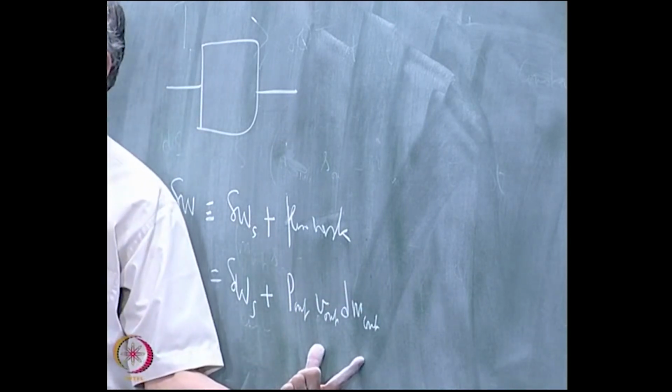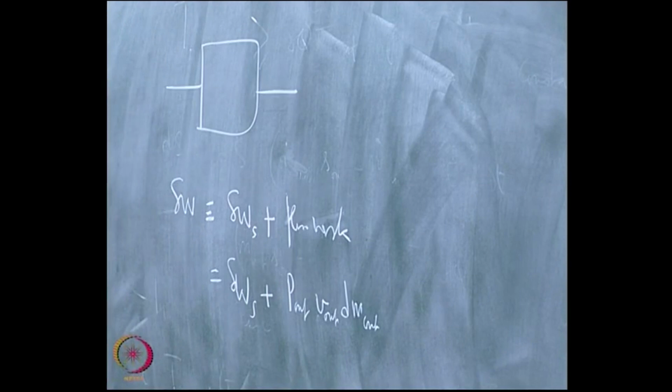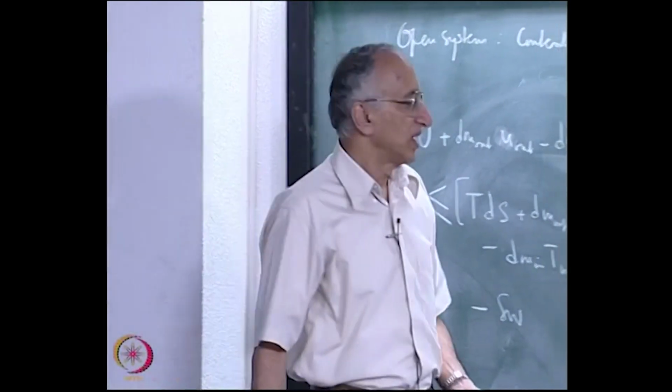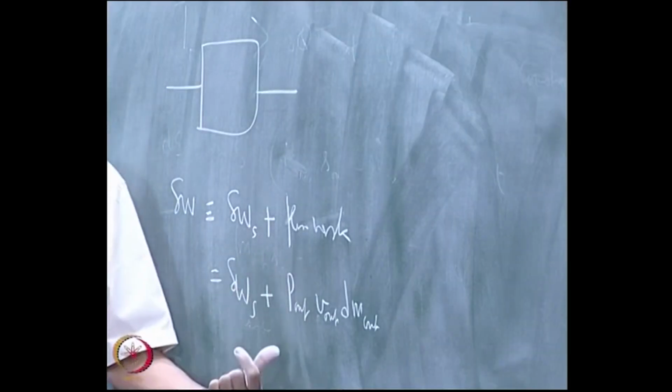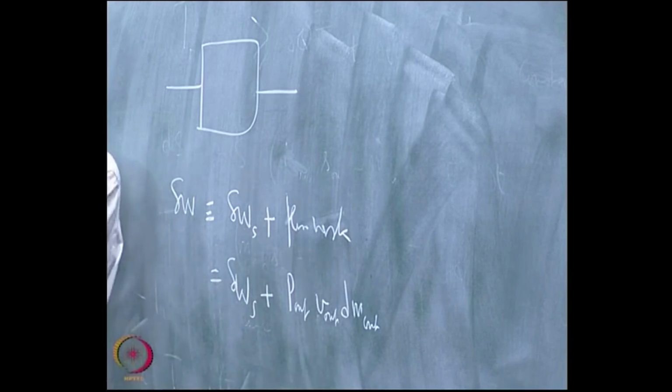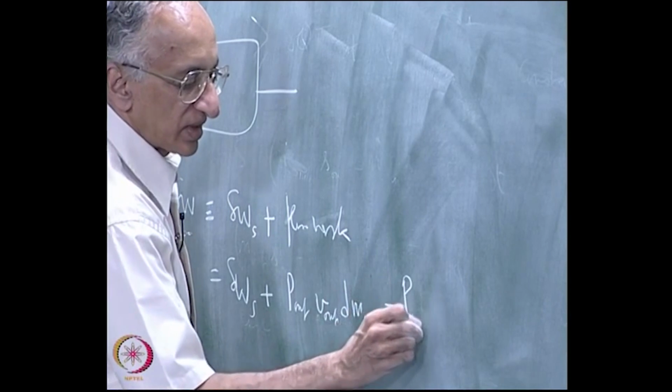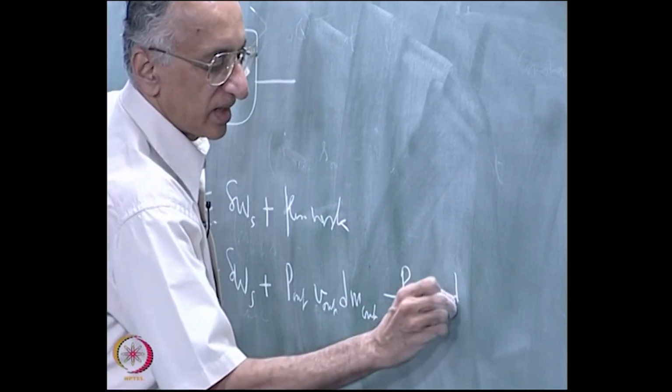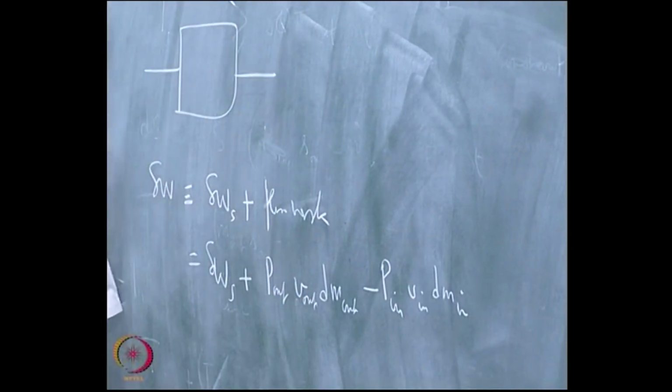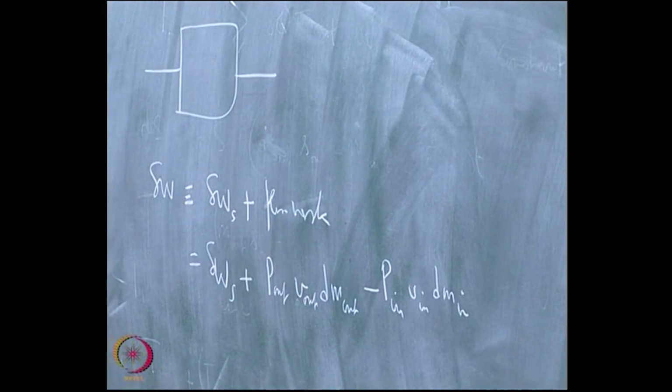Dm out times V out is the total volume of the fluid that is pushed out, it is pushed out at a pressure P out, so the work done is P into dV, minus of course work done on the system, P in, V in, dm in. This is the definition.